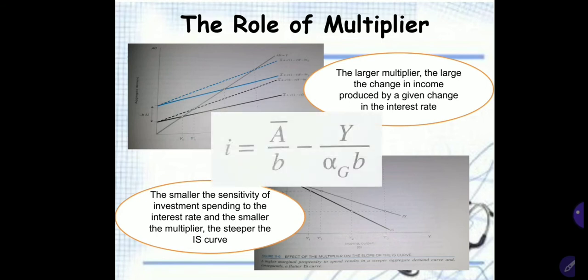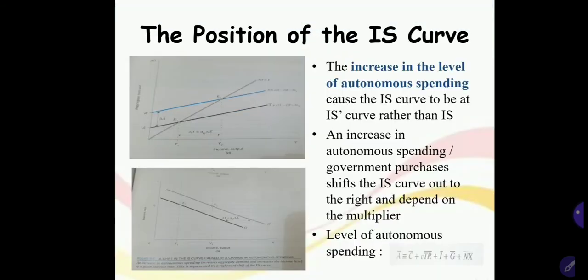And here is the equation for finding the interest rate: i is equal to the aggregate demand divided by the coefficient b, minus the income or output divided by the multiplier times the coefficient b. And the position of the IS curve.